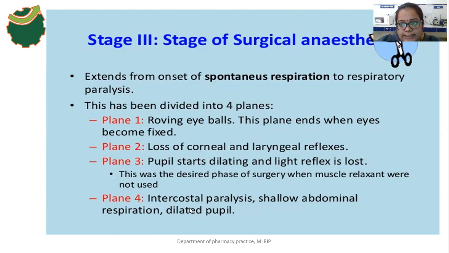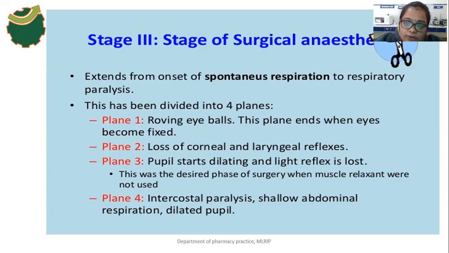Okay, and plane 4 is what? Intercostal paralysis. So intercostal paralysis means what? The intercostal muscles means what? The muscles which are present in the ribs, in between the ribs. So the relaxation effect occurs, the paralysis effect occurs at the intercostal muscles.